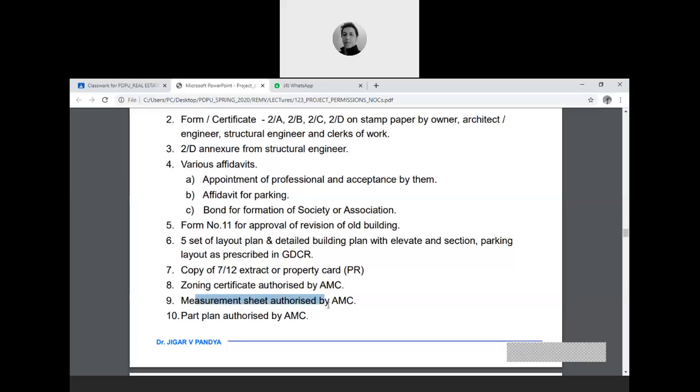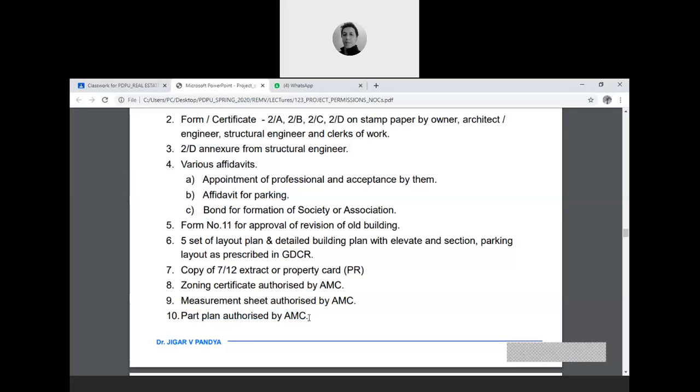Then there is a measurement sheet authorized by AMC, which is the proof that the specified square meters of land on which you are constructing is as per the records verified by the revenue department as well as the town planning department.